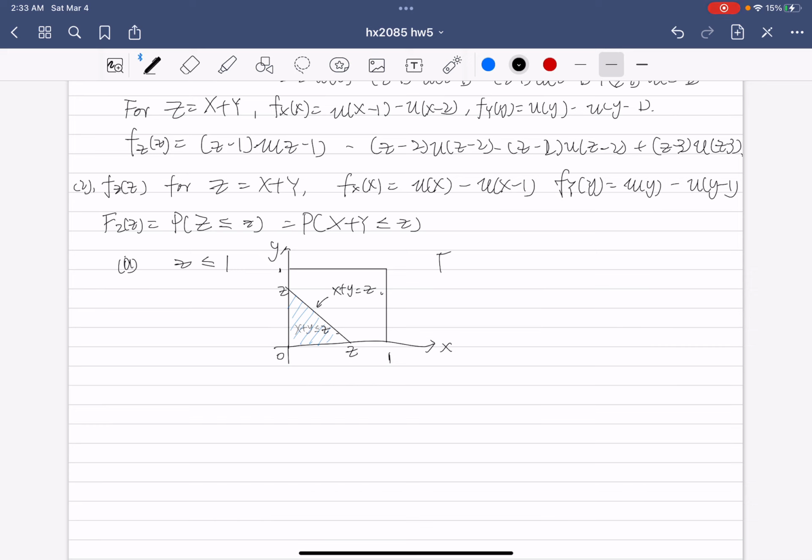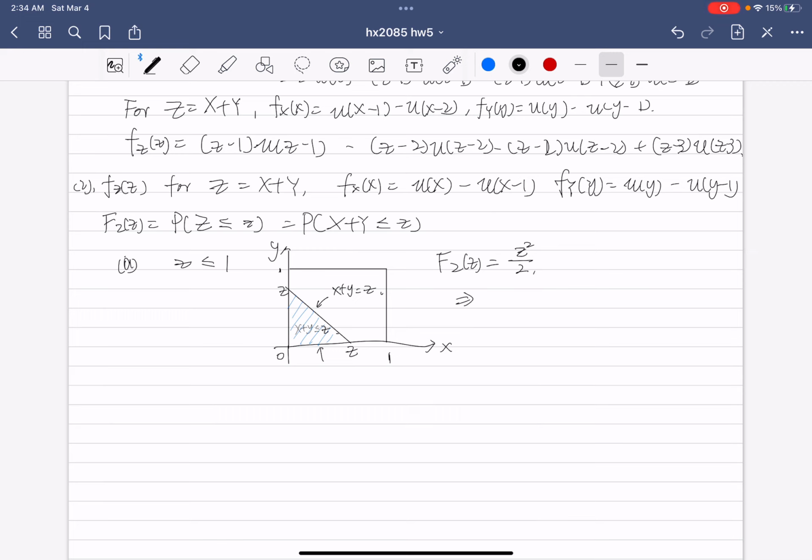Now we can calculate the distribution function of z, which is this area, z squared over 2.